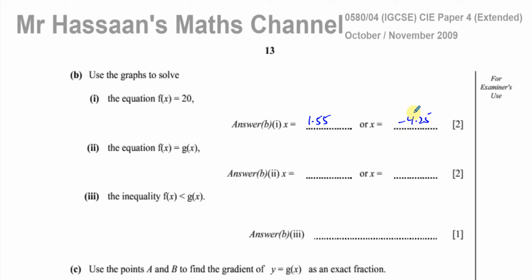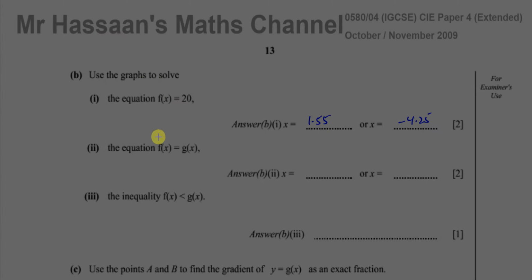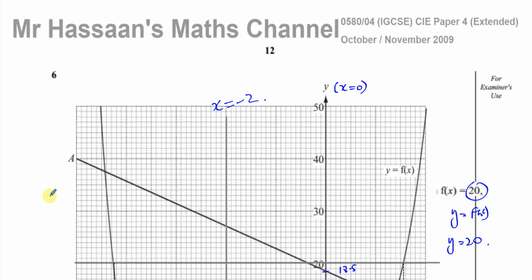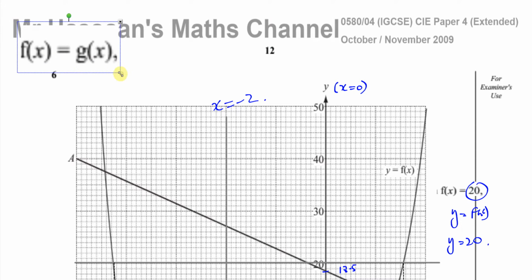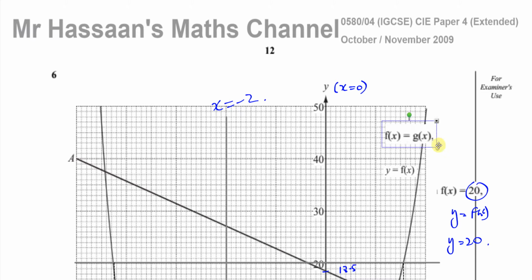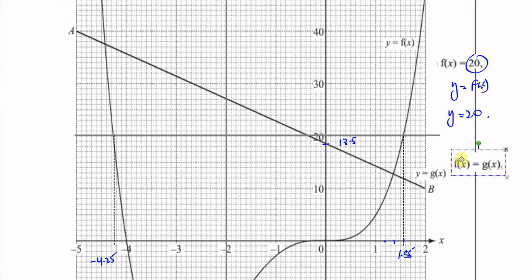Okay, and now it says use the graphs to solve the equation f(x) equals g(x). Okay, so let's look at f(x) equals g(x). Now, f(x) equals g(x) is basically where the 2 graphs intersect.